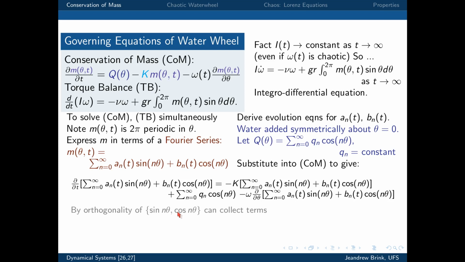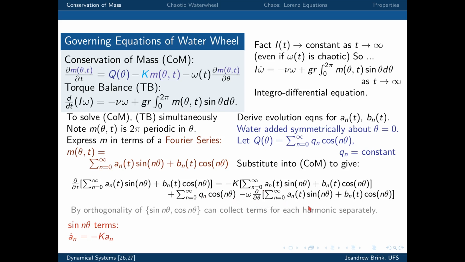So let's look at what we get. Suppose we want to look at the coefficients of sin nθ. On the right-hand side, we have a_n of t times d/dt of that thing. So we have a_n dot, okay? And this is cos, so it disappears. And then we have the sin n term, it's minus k times a_n of t. That comes from there. From over here, there's no sin term, so that falls away.